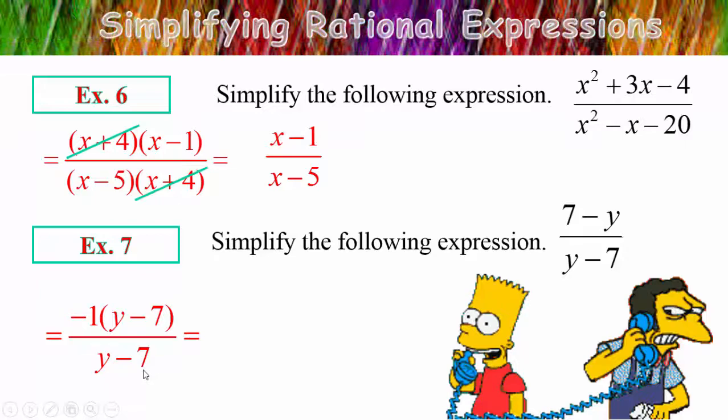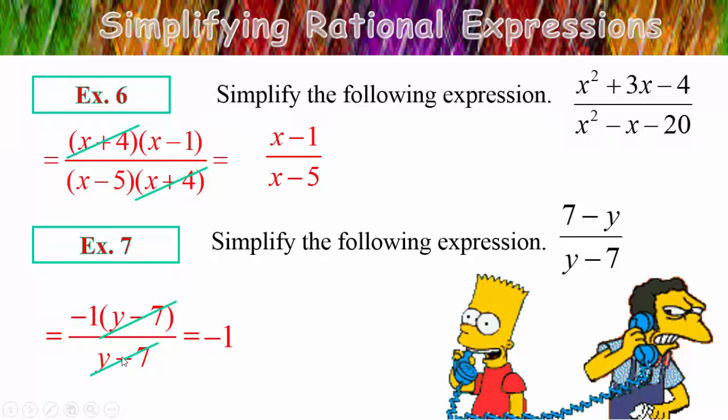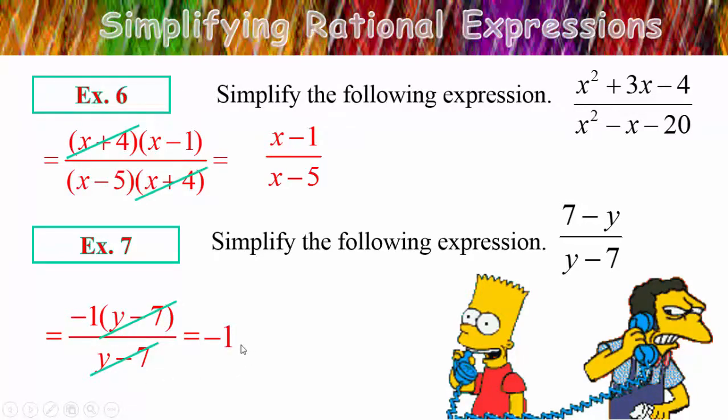And that means they become 1 when they cancel. And our final answer is -1, because -1 times 1 will give you -1. Because when you cancel out, what you're essentially making is a 1. You're multiplying whatever it is by 1.